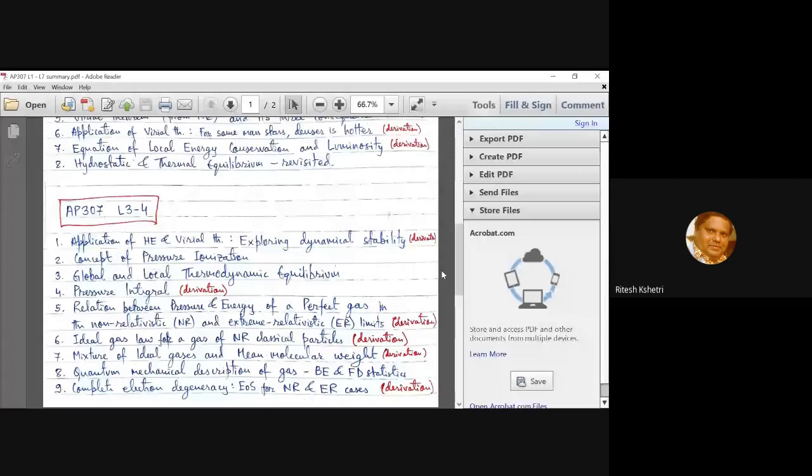We also assumed that the star follows a polytropic model, the pressure and density relation. So assuming that, we arrived at a condition for dynamical stability.